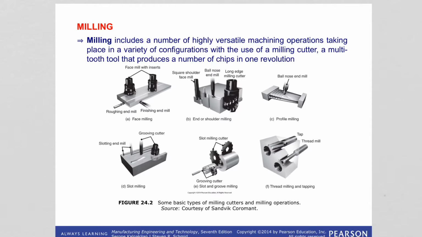In all cases, a multiple tooth cutter is used, so this provides a high material removal rate. And often the desired surface is obtained in a single pass of the cutter or the workpiece.